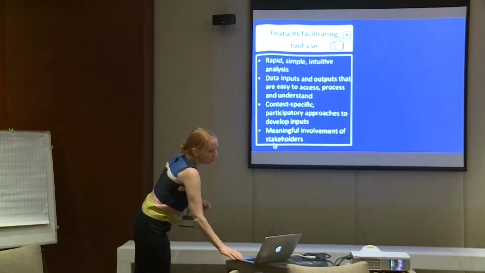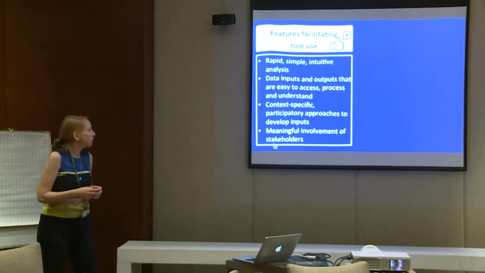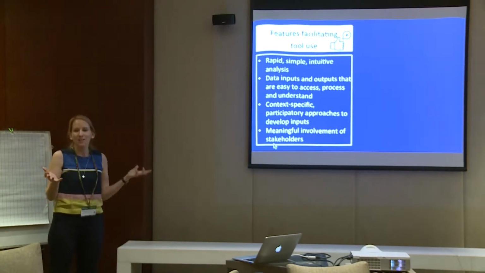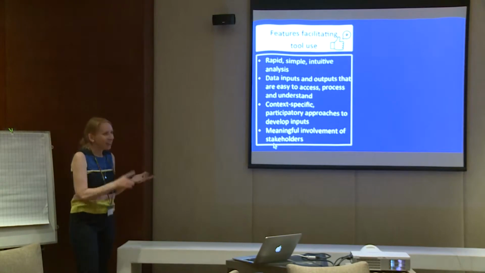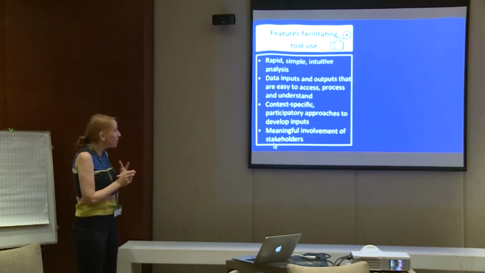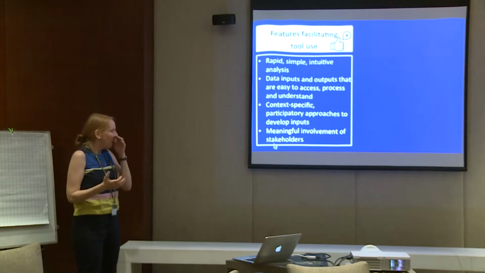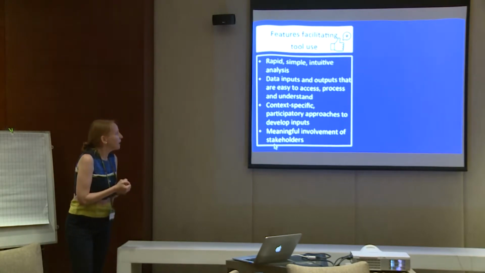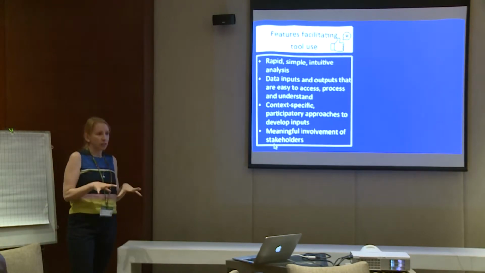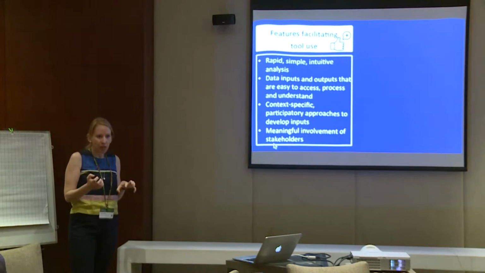There were features that were identified that made these tools very positive. I don't think this surprises anybody, but really anything that was faster and easier to use was favoured. Definitely data inputs and outputs that were easy to get your hands on, but also then to understand.